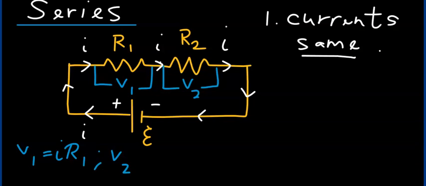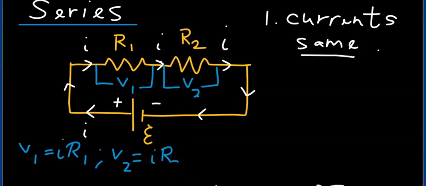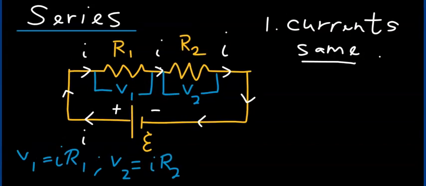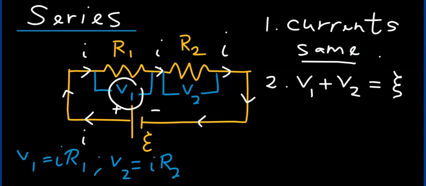Likewise, V2, the potential difference across R2, is the current through it, which is I, times the resistance of that resistor, namely R2. So point number 2 about two resistors in series is that the voltages across them, V1 and V2, sum up to the original EMF of the battery. So in this case, V1 plus V2 must be the same as the EMF of the battery.